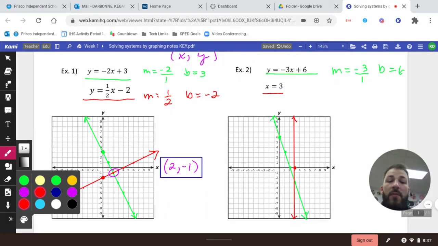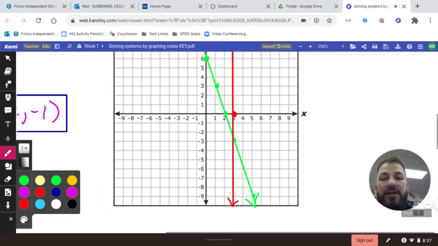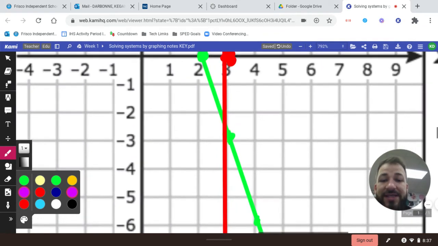All right, now last step, find that point of intersection. Okay, now this one can be kind of hard, so that's why it's nice that you can zoom in. Our point of intersection is actually right here. So that's why it's really important that you draw nice, clear lines. Points of intersection, especially when I give you ones that should be solved by graphing, are typically going to be nice whole numbers.